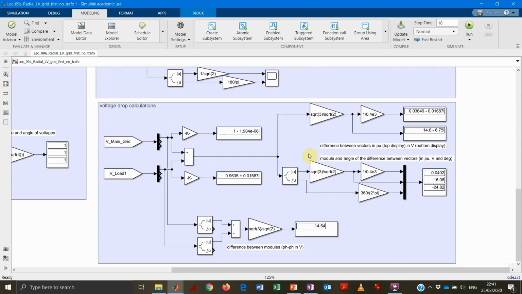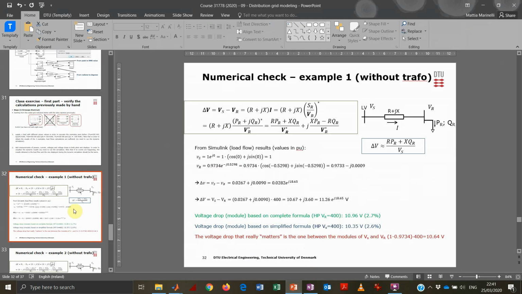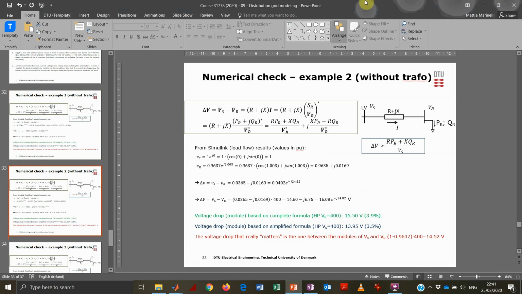Again, I can do the same consideration on the voltage drops and just make the comparison between the values that I had in the second example. So again, the values calculated would be basically this: 14.52 volt as a voltage difference that really influences our voltage drop in the system.